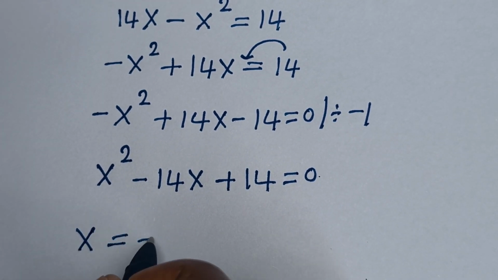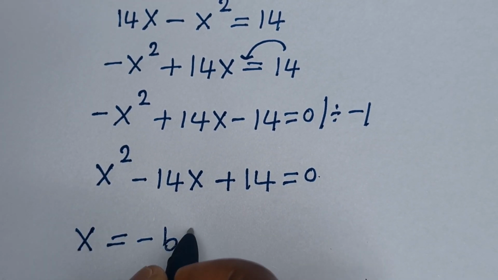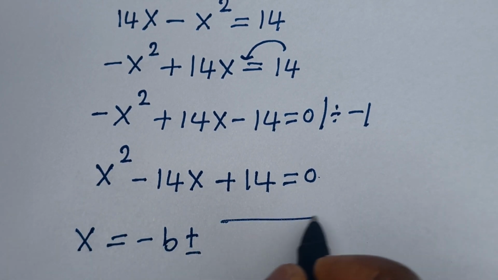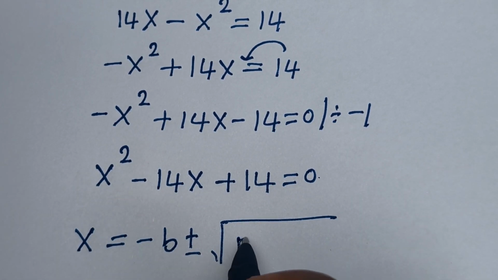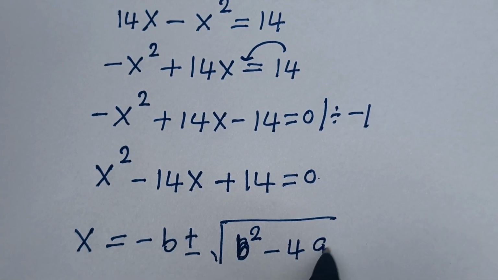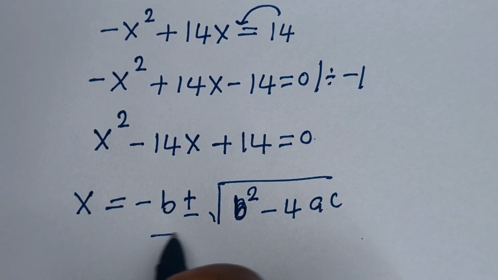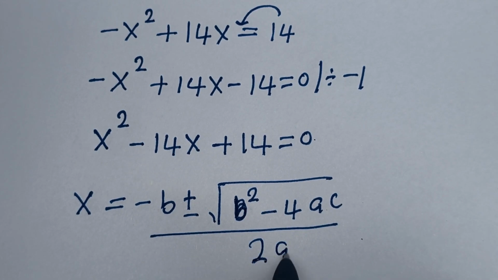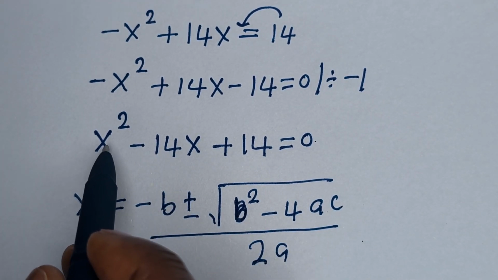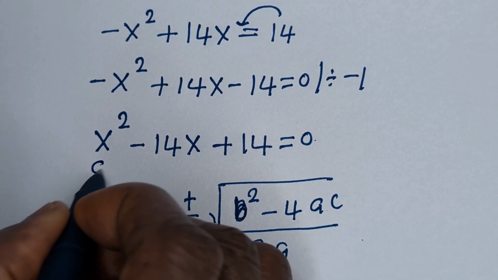x is equal to negative b plus or minus square root of b squared minus 4ac, over 2a. And from this equation, the coefficient of x squared here is a.